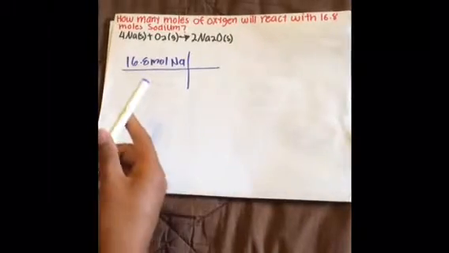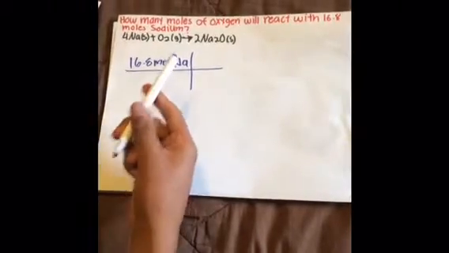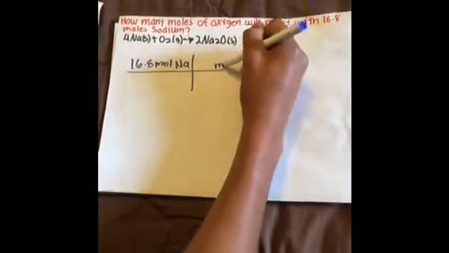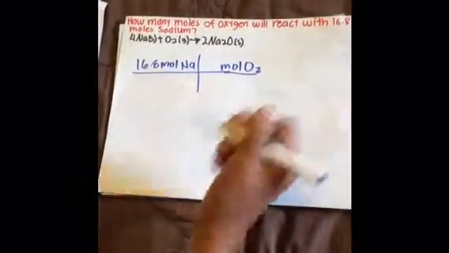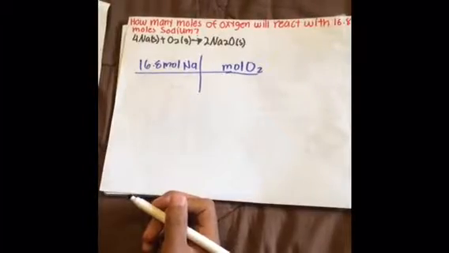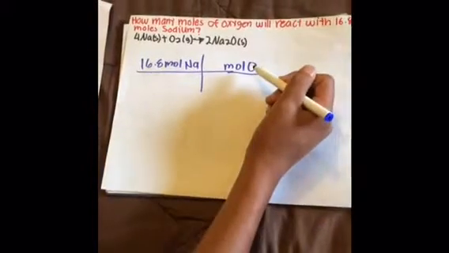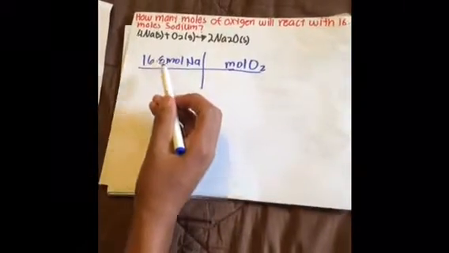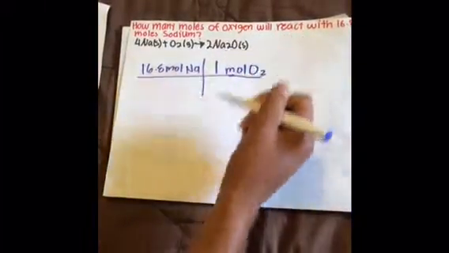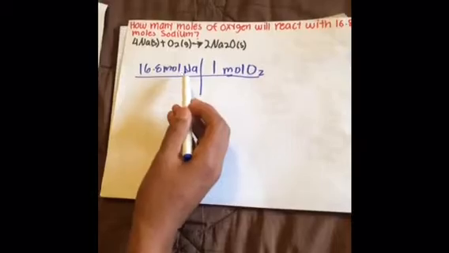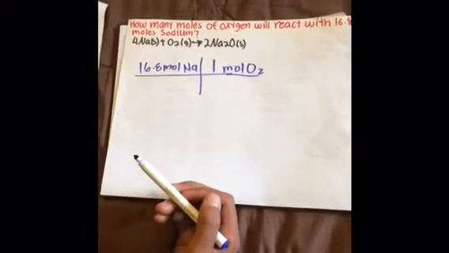So you're going from mole of sodium to mole of oxygen, and the rest you get from the equation that is given. So mole of oxygen, only 1 mole of oxygen reacts with the 4 moles of sodium, so you get 1 on top, and on the bottom is what you're trying to cancel out from the past one, which is moles of sodium.